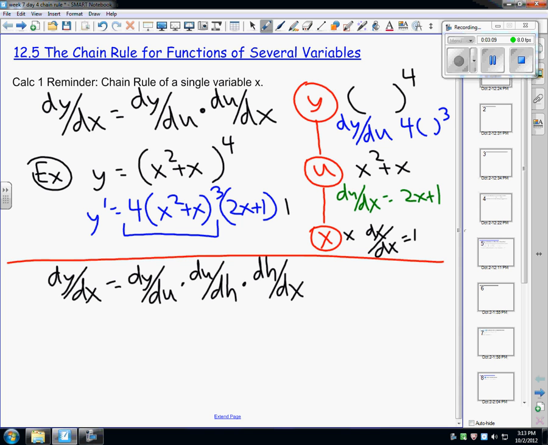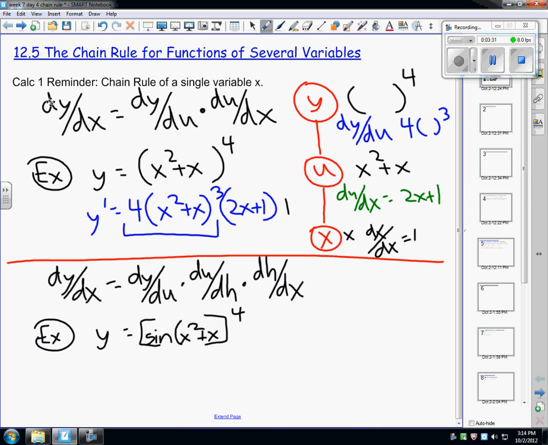And again, if you look at that and you start multiplying, those du's cancel and those dh's cancel. An example of that could be, I can make it a bigger guy and say y equals something to the fourth, and inside that something I'm going to say sine of x squared plus x.